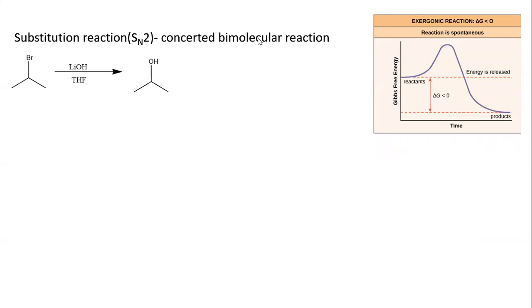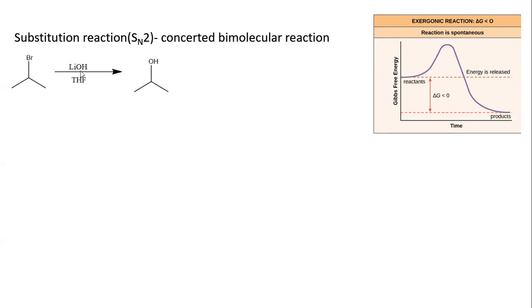So like I said, it's a concerted bimolecular reaction. Again, concerted means it happens all in one step. So what happens is we have 2-bromopropane, and we react it with lithium hydroxide.